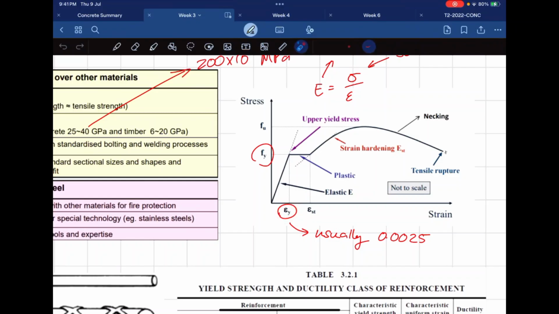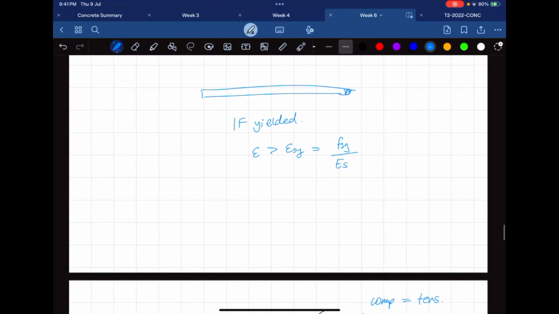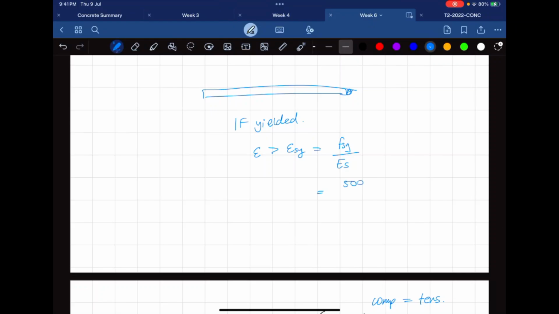It occurs at yield stress and along this linear line. So that value is going to be equal to FSY all over ES, which is usually going to be 500 divided by 200 times 10 to the power of 3, which is 0.0025. It might change depending on what your FSY is.